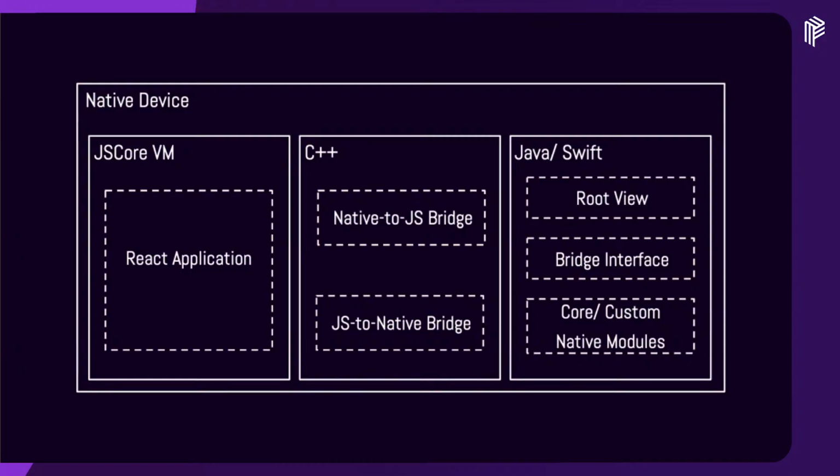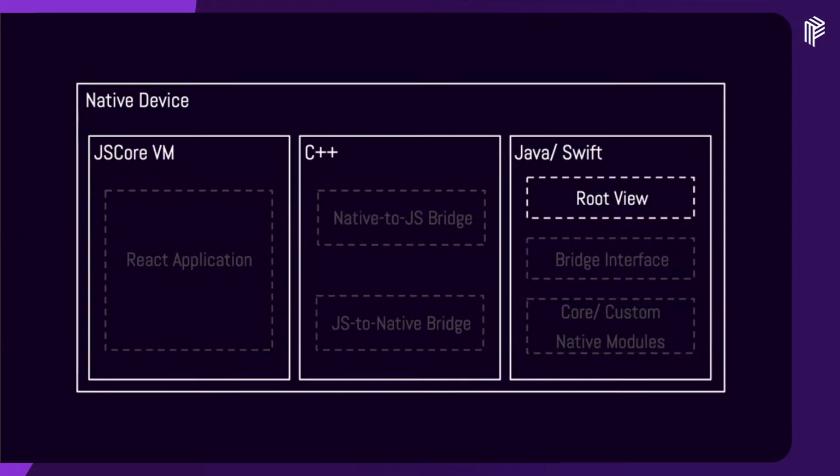That's everything in the React Native library, plus any custom native modules that you write yourself. So you can go into that Android folder or iOS folder, write some native code, register that as a module, and use the bridge to communicate between your React application and your custom native modules.